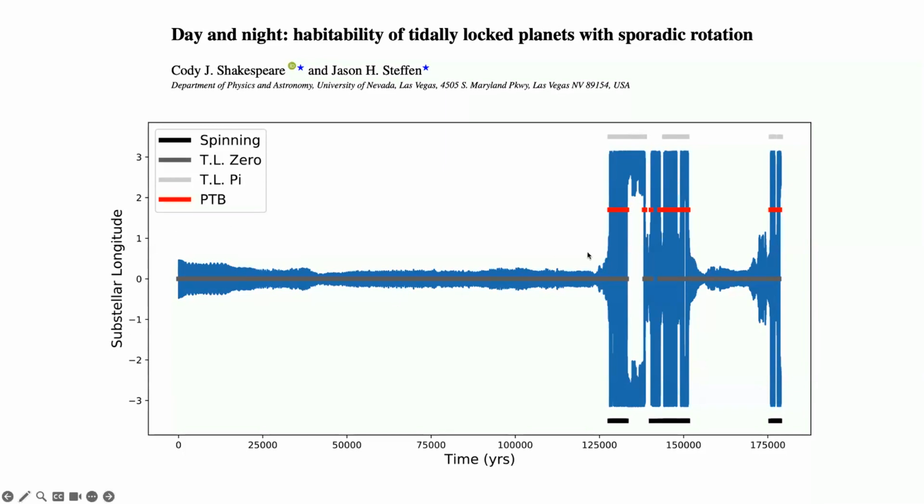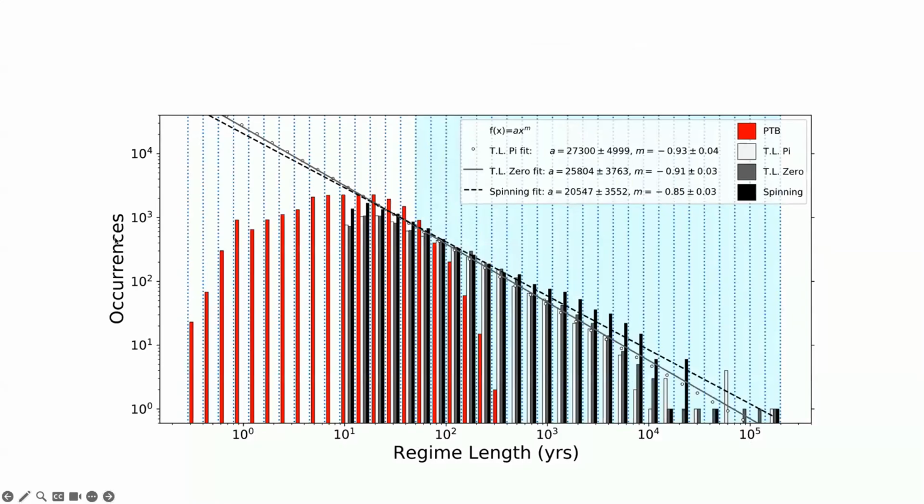So now you've got liquid water on the surface, or some of it's liquid and some of it's frozen, but now you're changing whether you have one side of the planet always staring at the star, or if it's rotating slowly, or if it's the opposite side. And so we're looking at the histogram of how long it spends in each type of state, whether it's librating or rotating prograde or retrograde relative to its orbit.